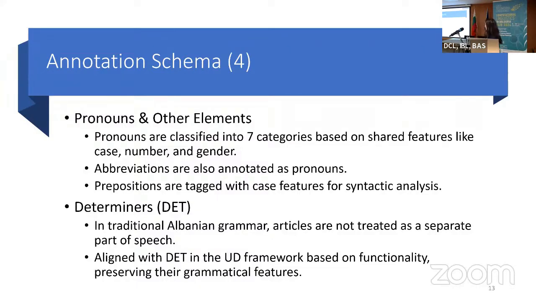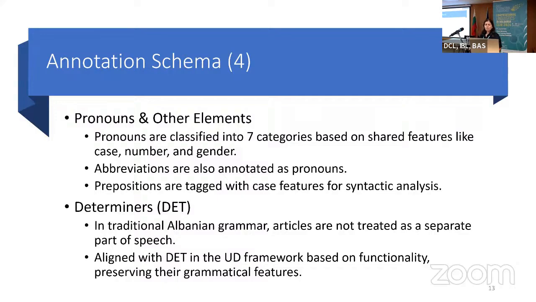We have 7 categories of pronouns, and depending on the category, we have used some of the features. Also, we have annotated as pronouns the abbreviations of pronouns that we have in our language.